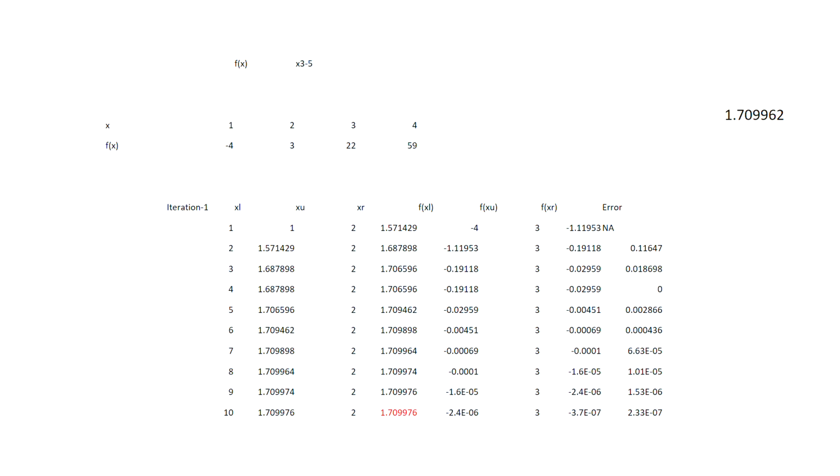Now one must remember that the necessary condition for this regula falsi approach is that the function should be monotonically convex or monotonically concave. And one more thing which I want to say is that the XU value will hardly change, because we can see in all the iterations the XU value is the same.